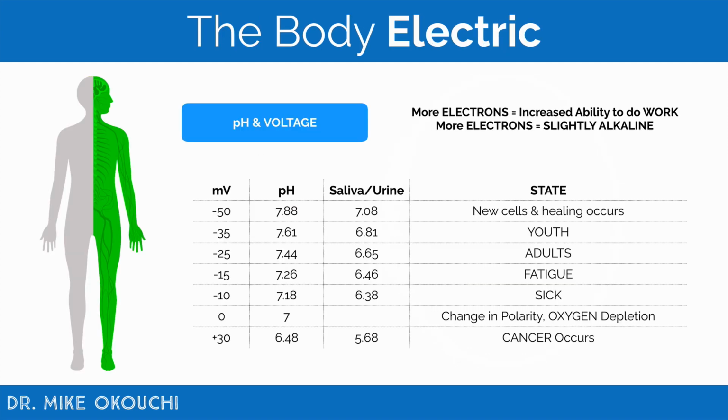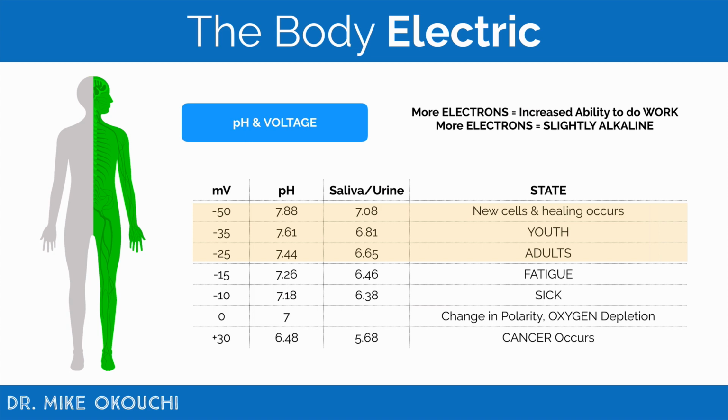Now, when we look at pH and we start taking voltage into account, we know that voltage equals the amount of work that your body is able to do, specifically the cells, right? We see that there's a correlation between voltage and pH levels, meaning that the more alkaline the solution is, the more voltage is able to be produced there.